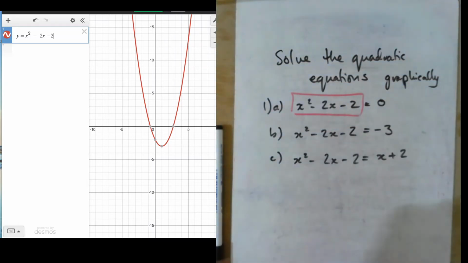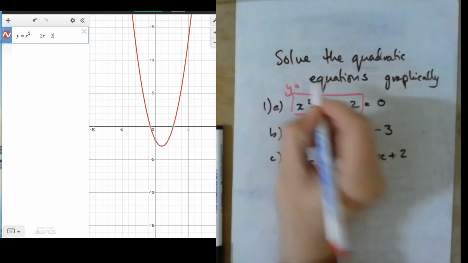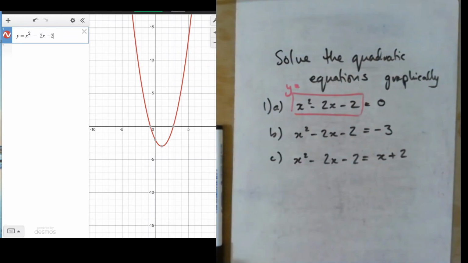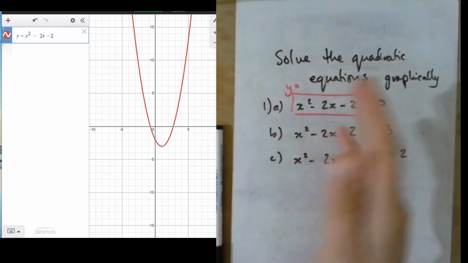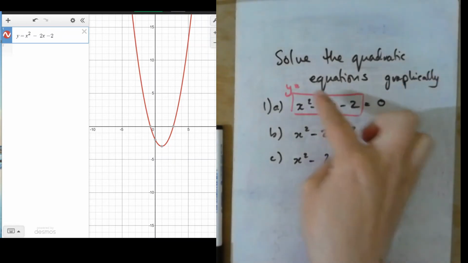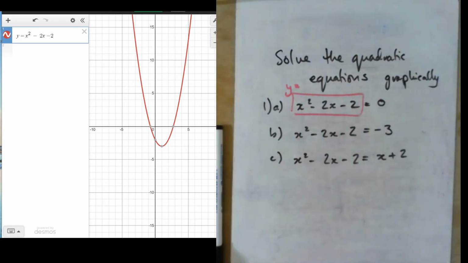That's literally all you have to do, but you put y equals. So we're going to put y equals, and then you type that in. And then underneath, what am I going to do to the other side? Well, I've done y equals this, so I'm going to do exactly the same thing.